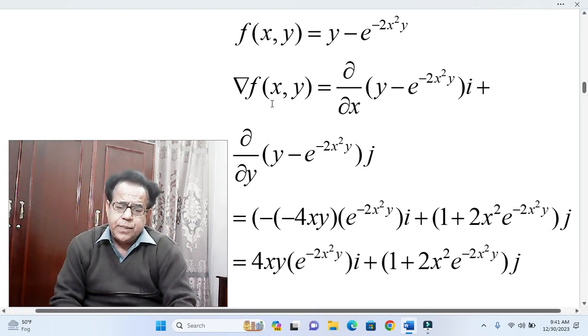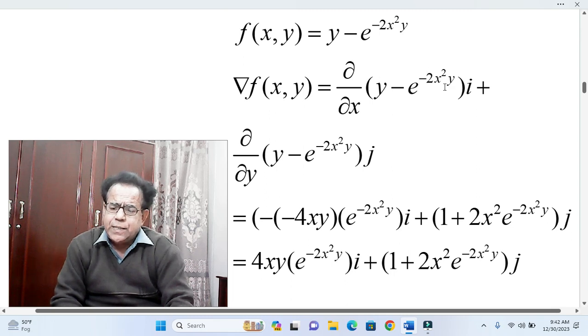Now del f, or gradient of f(x,y), equals partial over partial x of this times i plus partial over partial y of this times j. Dear students, when we differentiate it partially with respect to x, this minus will remain. We first differentiate this portion, minus 2x square y.